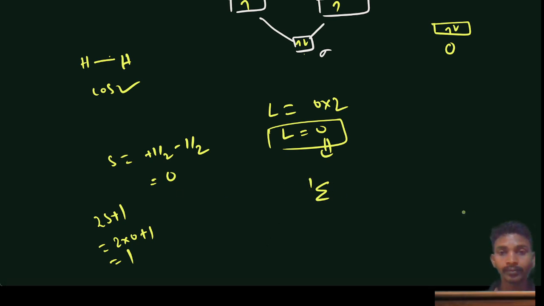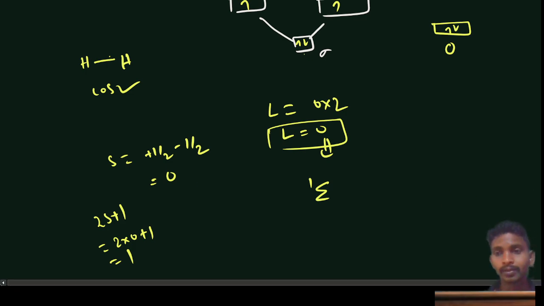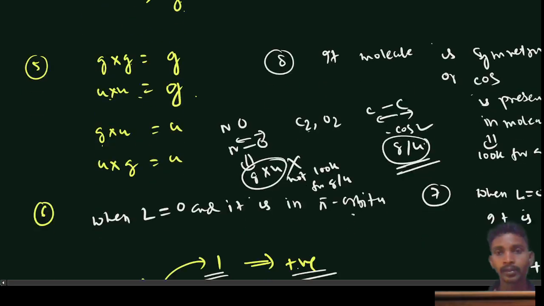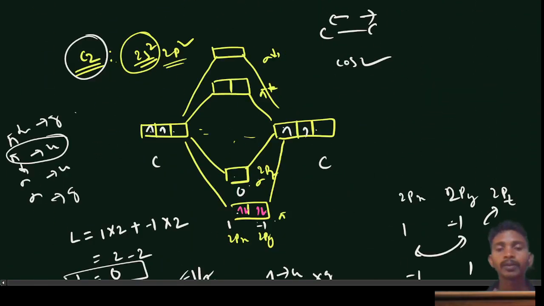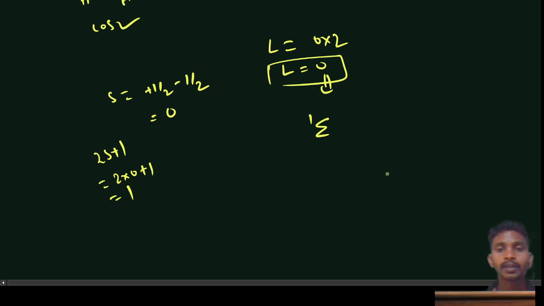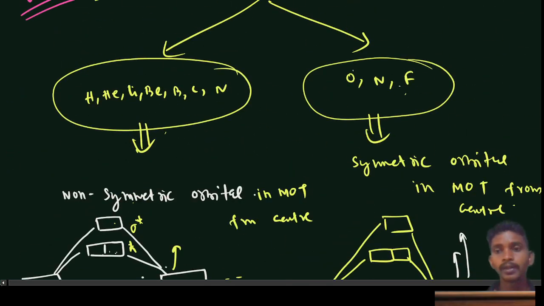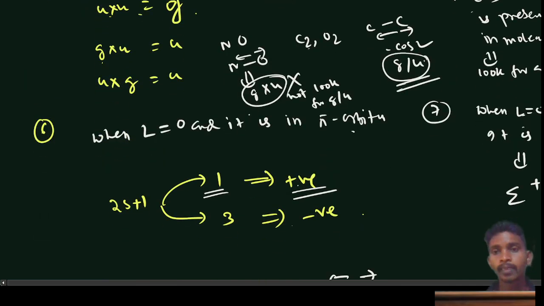And now we'll look at whether, whenever it is sigma orbitals, it is always positive. That's what I have written in these points. When L equals 0 and it is sigma, then we always get positive.